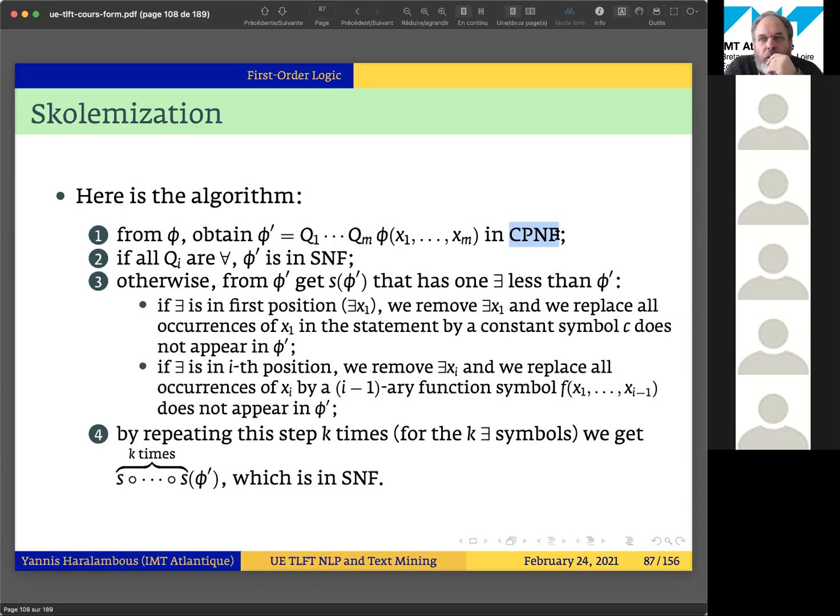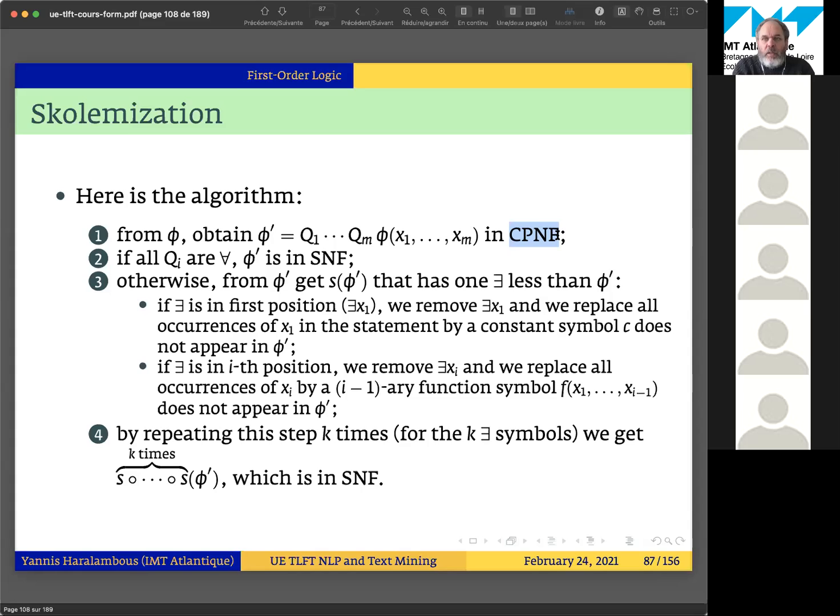What I do is I replace this X, which is existentially quantified, by a constant. I give a name to this constant. It must be a new name. This constant must not be present in the formula. And now I remove this existential quantifier. So I replace the variable by a constant.